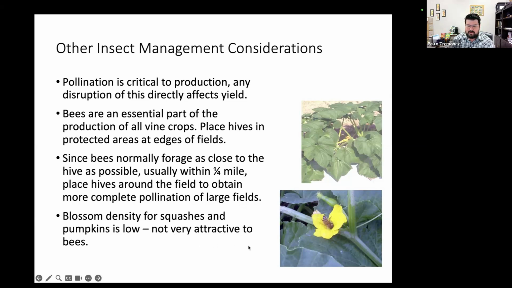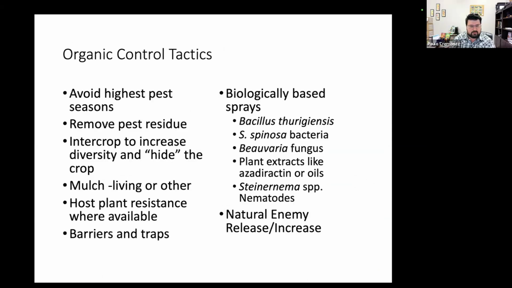And each of these flowers needs to be visited at least 15 times to complete pollination. Incomplete pollination may result in small or misshapen fruit. So I just wanted to touch on this, it is very important. So be mindful of the insecticide characteristics.